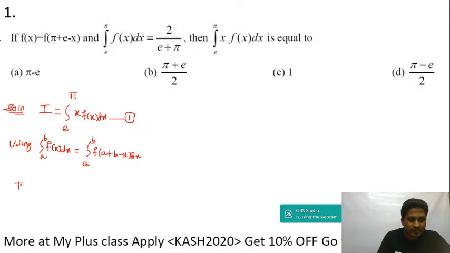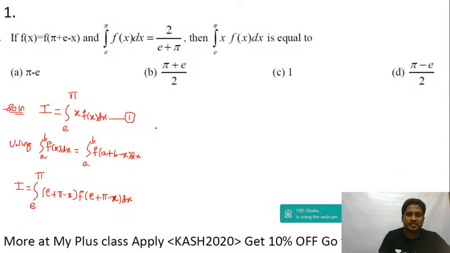So this becomes I is equal to the integration from e to pi of e plus pi minus x, and then f of, take this in a bracket, again lower plus upper minus x.